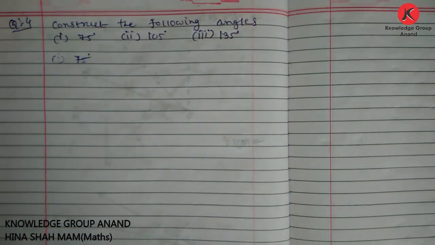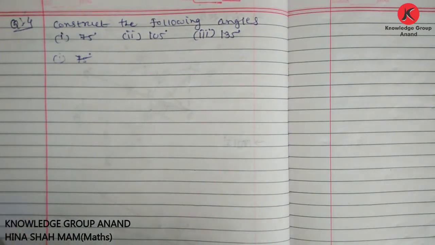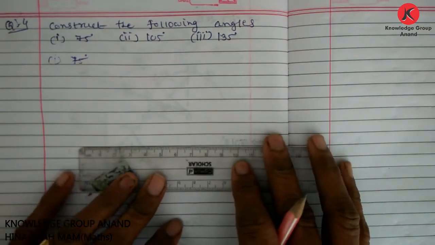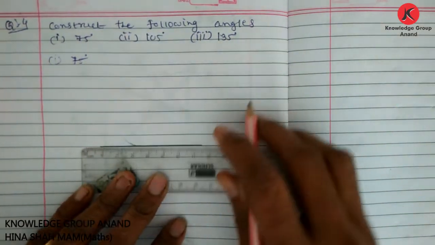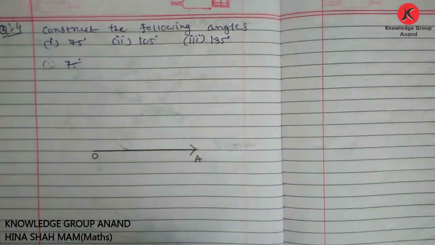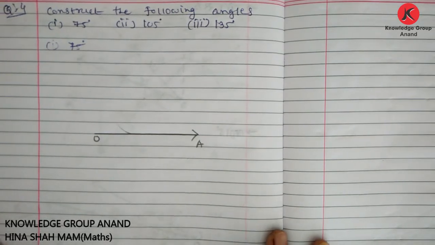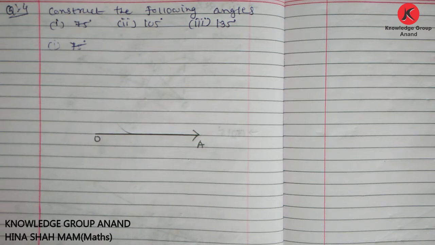Given: ray OA is given. First we draw, at the initial point O, angle 60 and angle 90, and the bisector between 60 and 90 gives us 75.